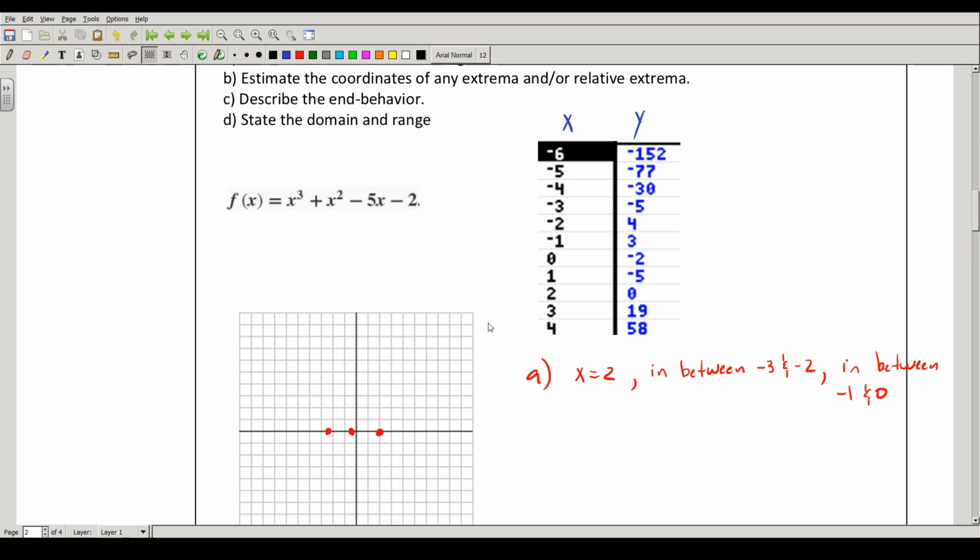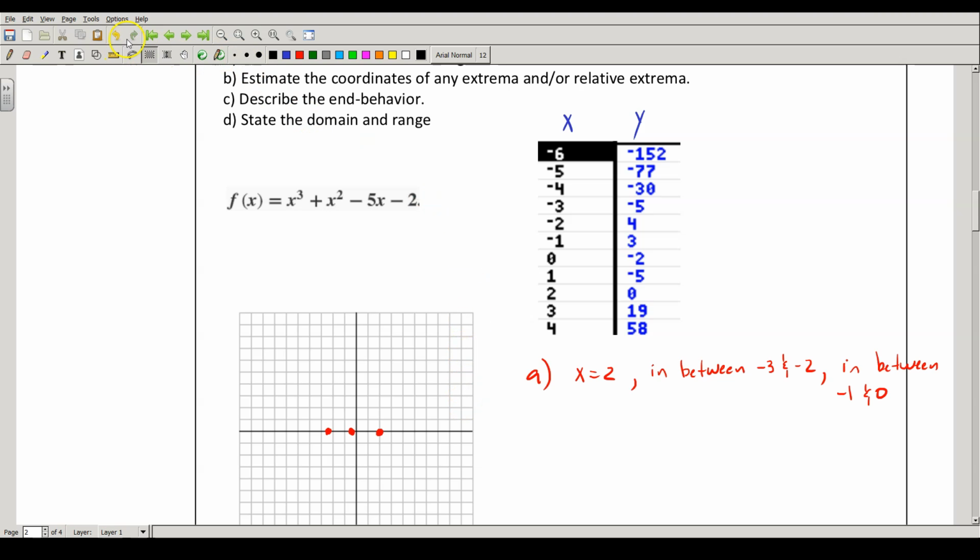Again, think about the idea of the roller coaster, right? We talked about that kind of model. And as we're going up and down this graph, whatever it looks like, when are the y values increasing and then changing to decreasing? Or when is it decreasing and then changing to increasing?